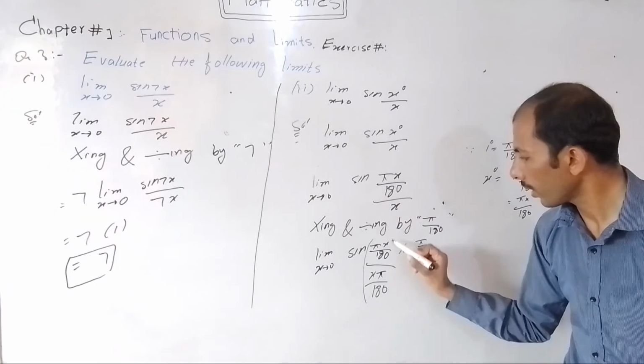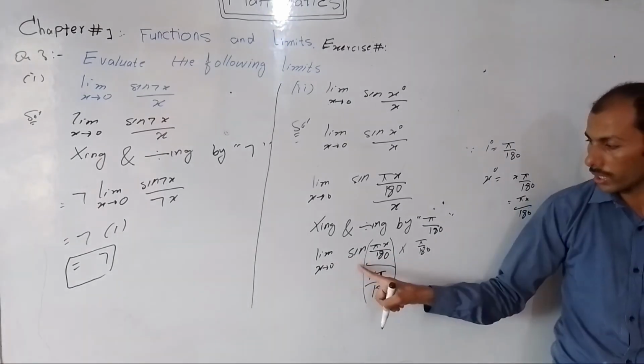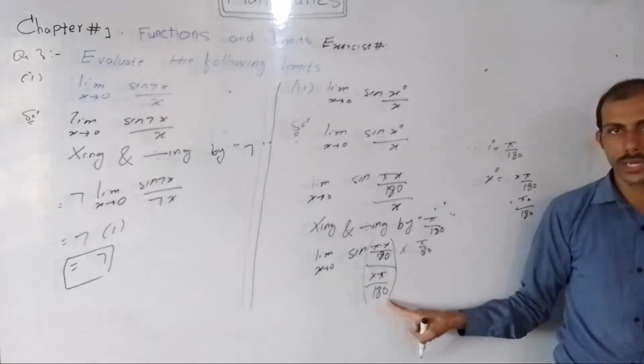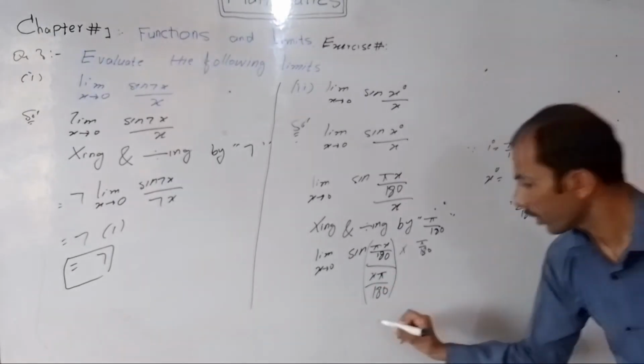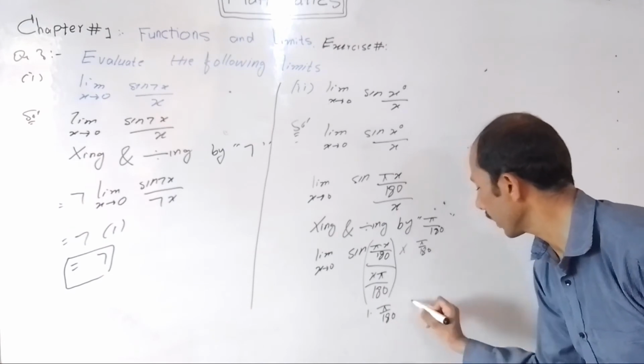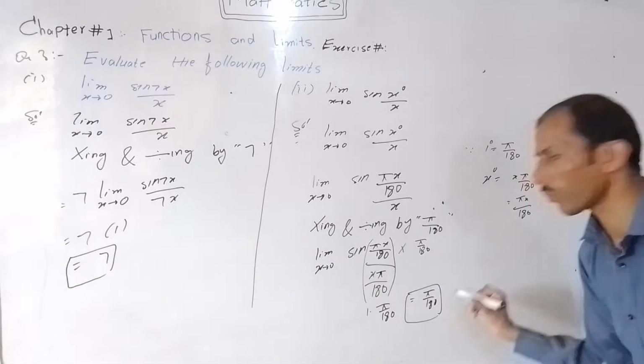So this form is equal to limit x approaches to 0 of sin of pi x divided by 180, divided by pi x divided by 180, is equal to 1 dot pi divided by 180, which is pi divided by 180, the required solution.